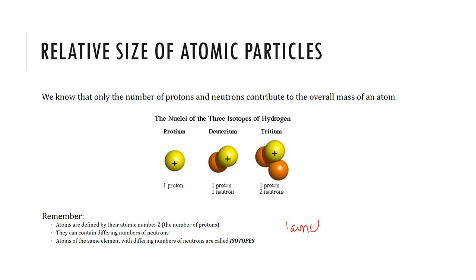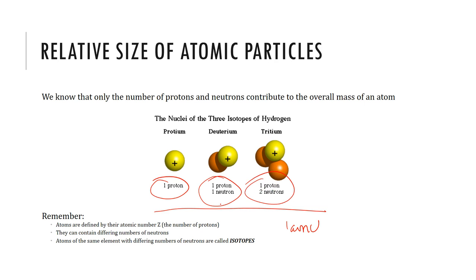or 1 proton and 1 neutron is going to be 2 atomic mass units. We also know that we have isotopes, that we can have 1 proton, which makes this hydrogen, and then in the case of 1 proton and 1 neutron, this is going to be deuterium, which is still hydrogen, but it's heavy. You may have heard reference to heavy water. Heavy water contains deuterium as its hydrogen atoms rather than just hydrogen.